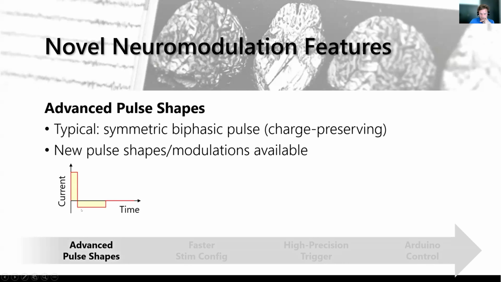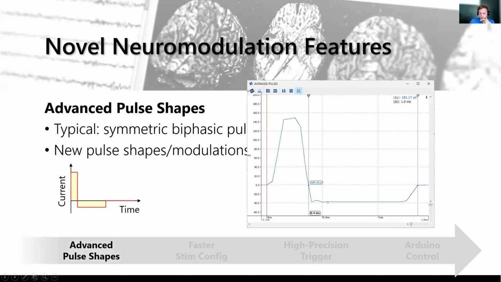This is how it looks when we record the stimulation signal with the amplifier. Notably, this is so fast that the transients don't look so steep, but this is only due to the sampling rate of the amplifier. The stimulation signal itself, when you look at it with an oscilloscope, is perfectly sharp.